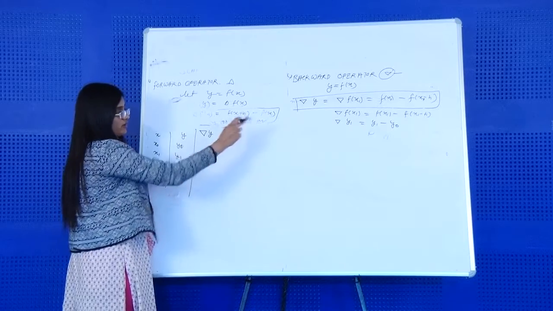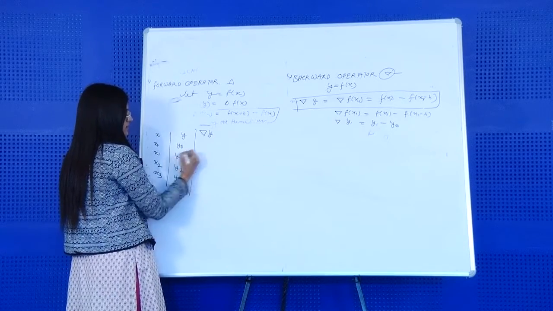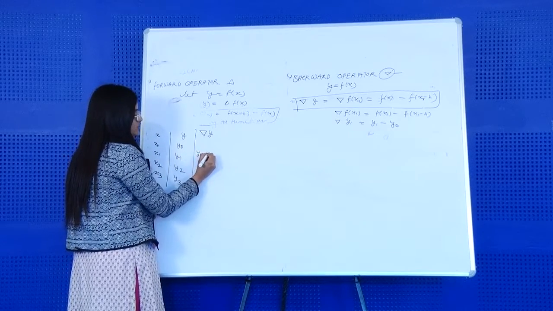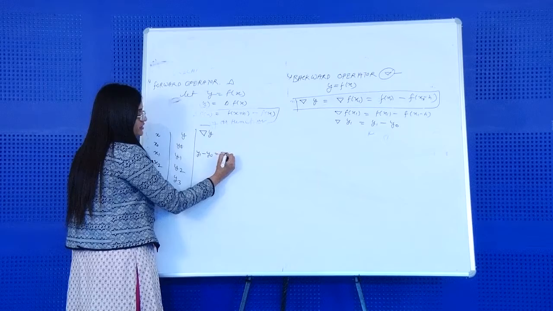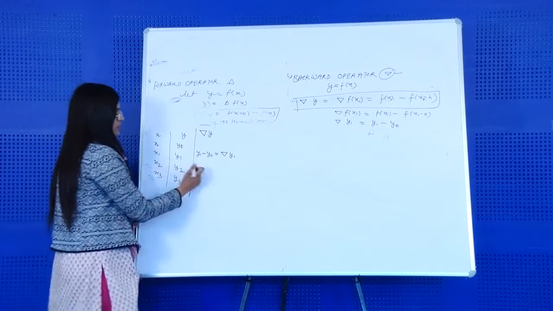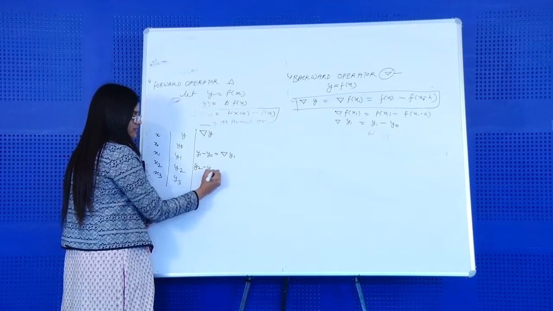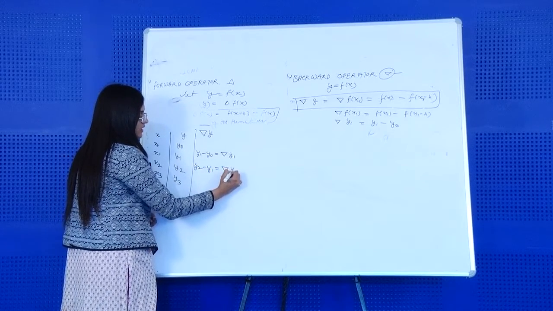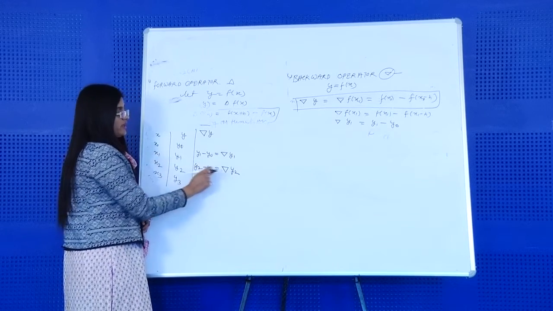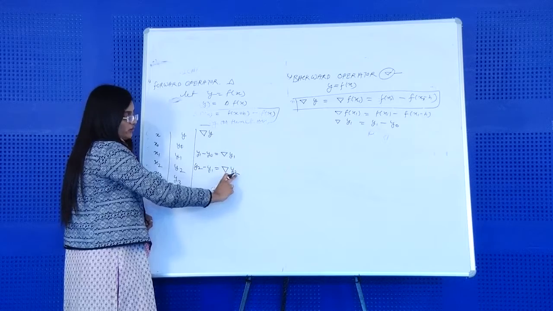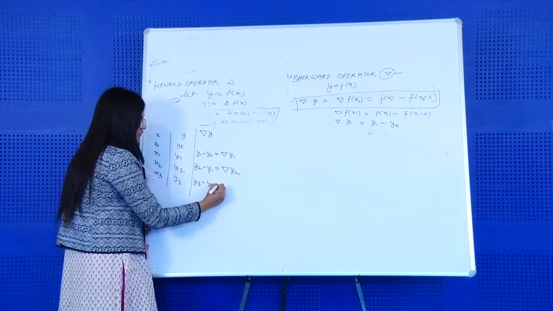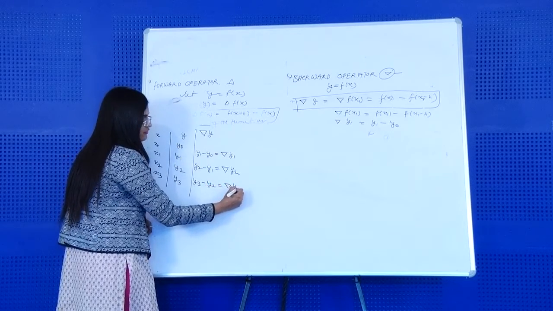Here, succeeding minus preceding value, y1 minus y0, is always denoted by nabla of y1. y2 minus y1 is always denoted by nabla of y2. Similarly, y3 minus y2 is denoted by nabla of y3.